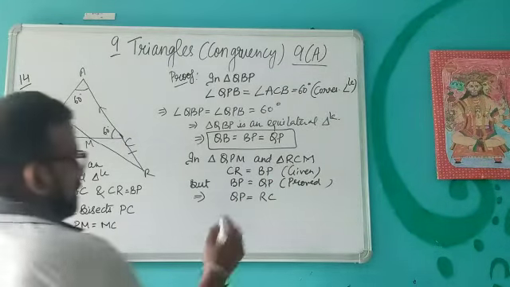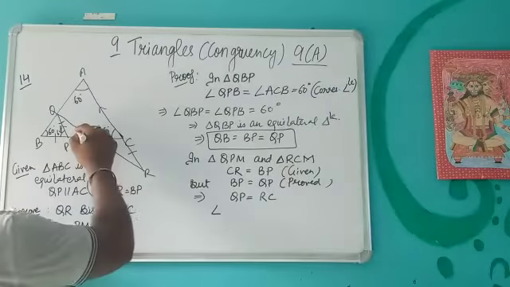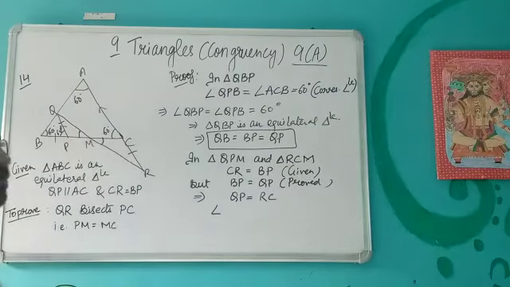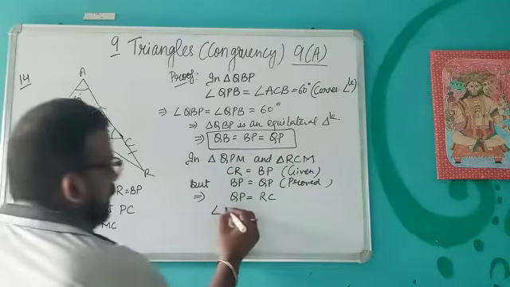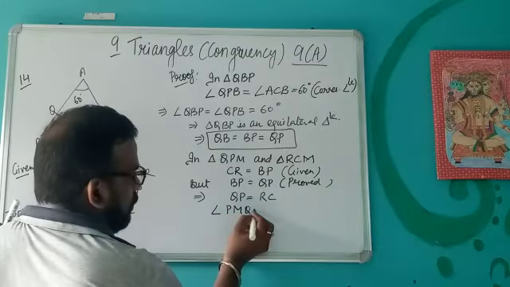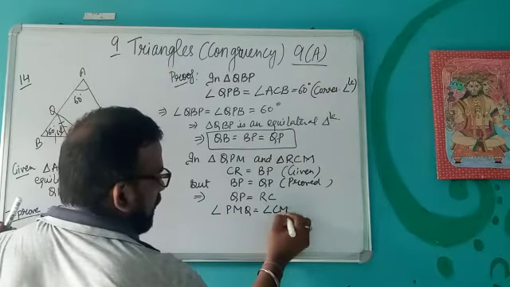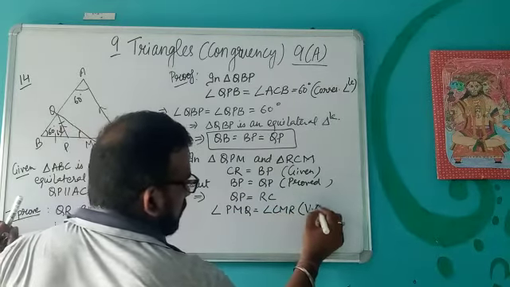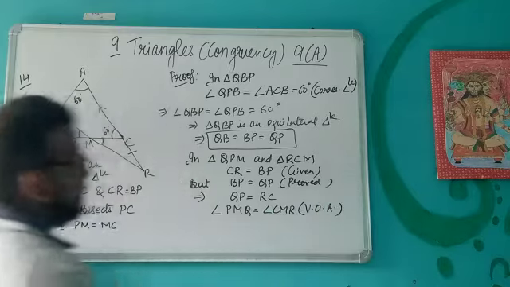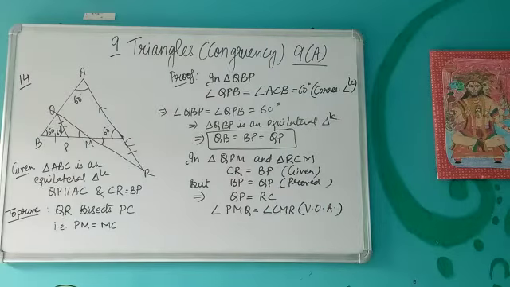Then this angle will be equal to this angle by vertically opposite angles. So angle PMQ is equal to angle CMR by vertically opposite angles. So one side, one angle we got.